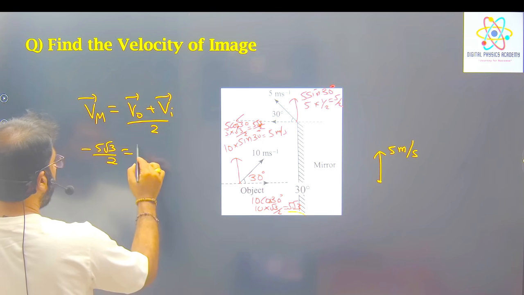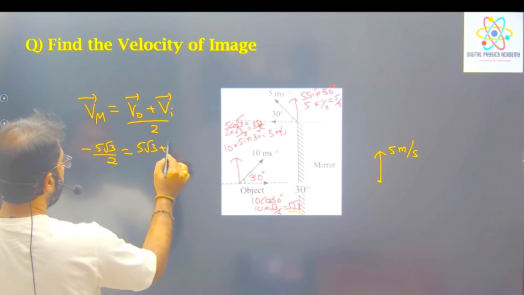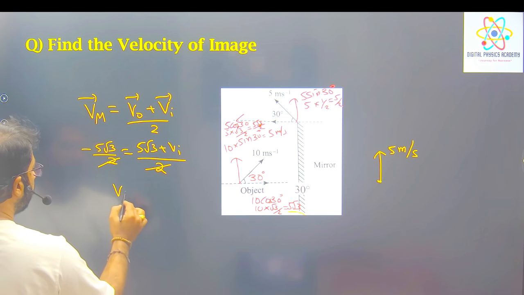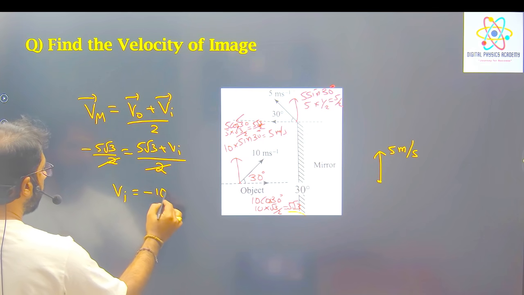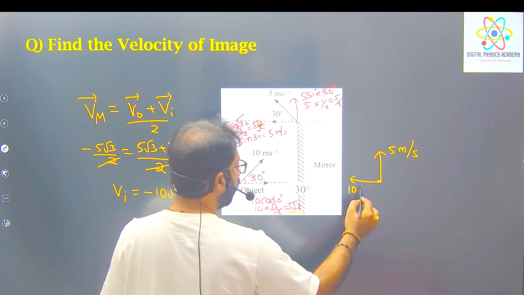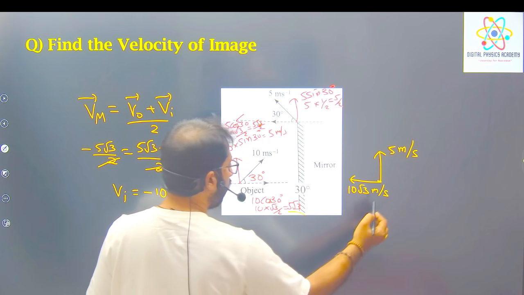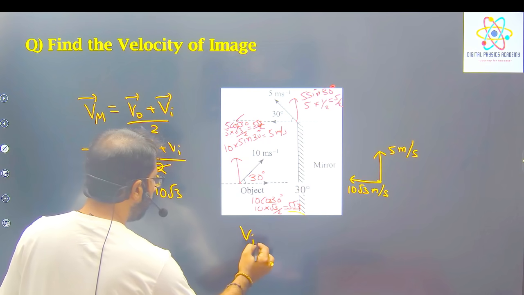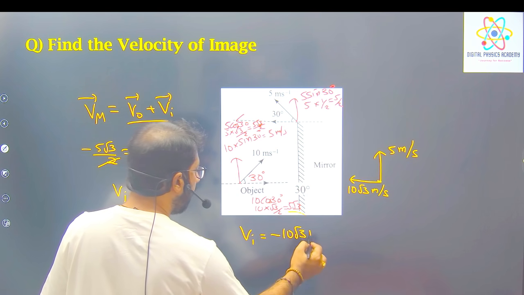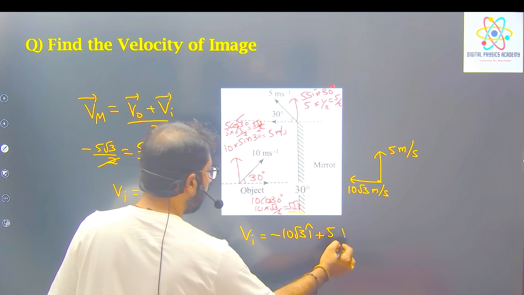We got 5 root 3 plus Vi by 2. So 2 cancels. So Vi is equal to minus 10 root 3. So the velocity of the image is 10 root 3 meters per second. So therefore, the velocity of the image will be minus 10 root 3 i cap plus 5 j cap is the answer.